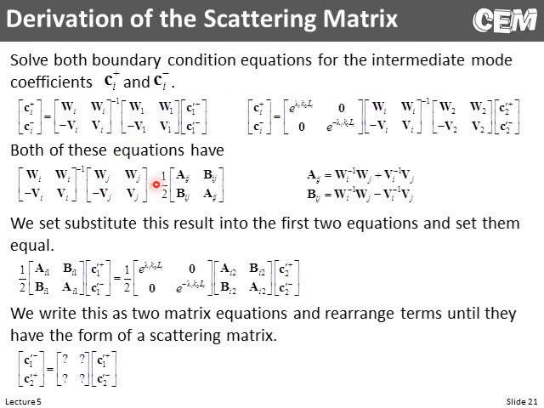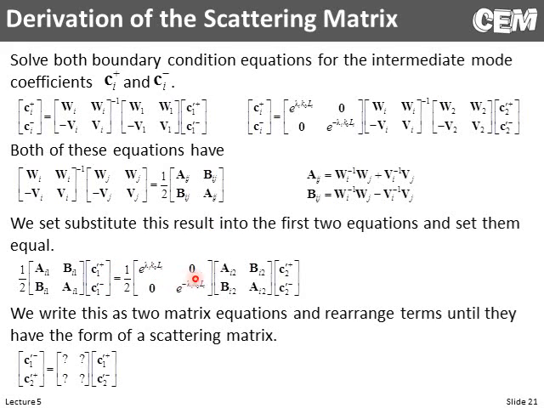But in general, we can write this as just 1/2 this matrix, where the two elements along the diagonal are equal, and the two elements along this opposite diagonal are also equal. And we would write A and B this way. It takes a bit of algebra to show that, but we can use this and it will really simplify our derivation here. Anyway, so these two equations set equal, and manipulating these eigenvector matrices, we get to this.